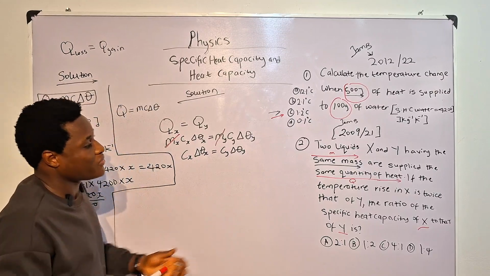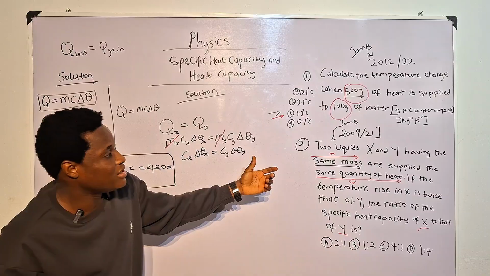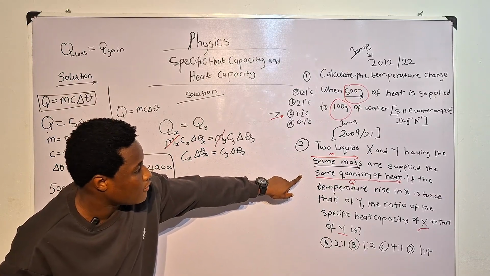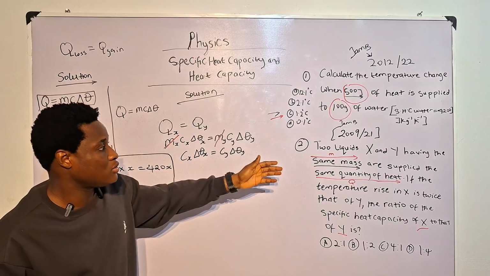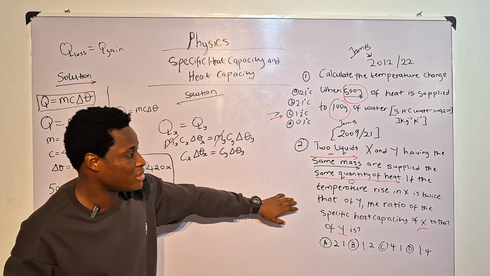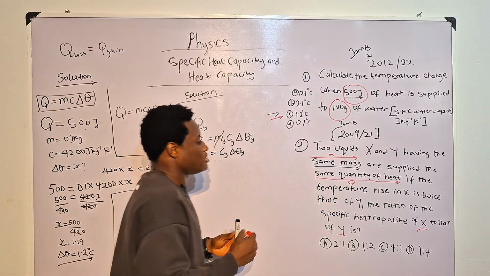But then again, they said, where is it again? Two liquids X and Y having the same mass and supplied the same quantity of heat. If the temperature rise in X is twice that of Y. Now this is where our concern is.